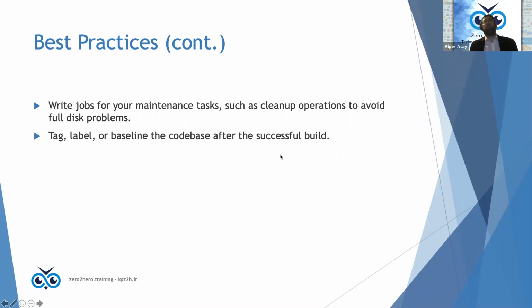Also, write jobs for your maintenance tasks, such as cleaning operations, to avoid full disk problems. So basically, it's not a good idea to leave everything behind. It's a good idea to automate everything, even the cleanups. So you will be saving this space.